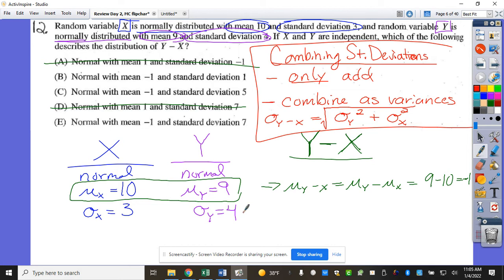So what is my variance of y? And I have to add, what is my variance of x? Well, 16 plus 9 gives me what? So my standard deviation is 5.